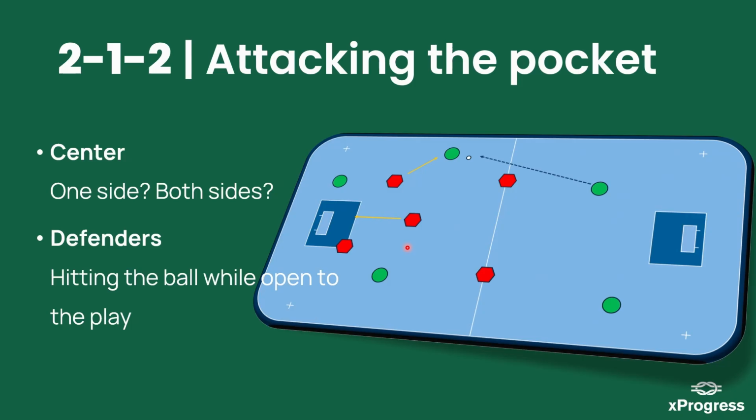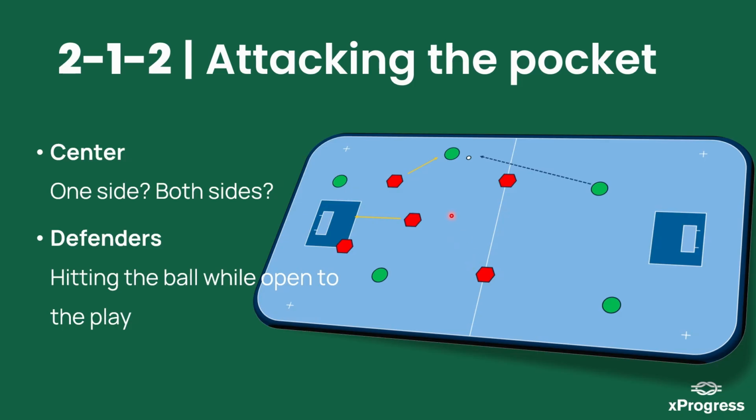Though you will see other teams using the defenders instead and trying to go hard on with them in the pocket and try to come up, like they'll be turned forwards all the time. So when they hit someone with the ball here, they will be open to the play, meaning that they will have a good view of what's happening on the court. And teams that do that, they tend to drop back with their center a little bit, but also drop back with a sleeping side winger a little bit.